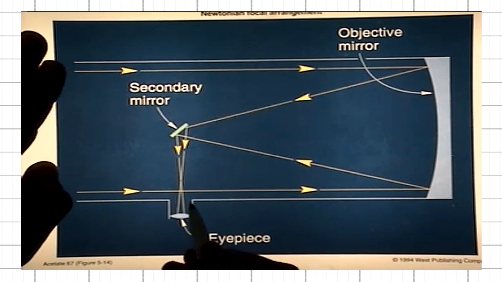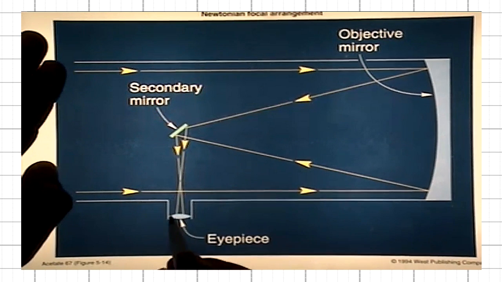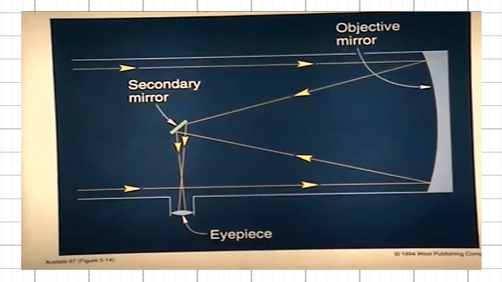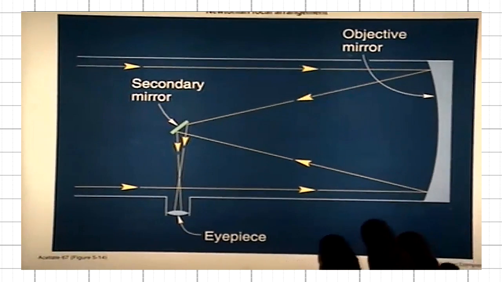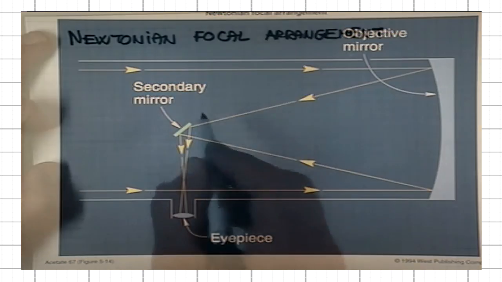There is a hole in the telescopic tube, and there's a lens that is functioning as the eyepiece. So with telescopes that have Newtonian focal arrangement, the viewing is done on the side of the telescope.